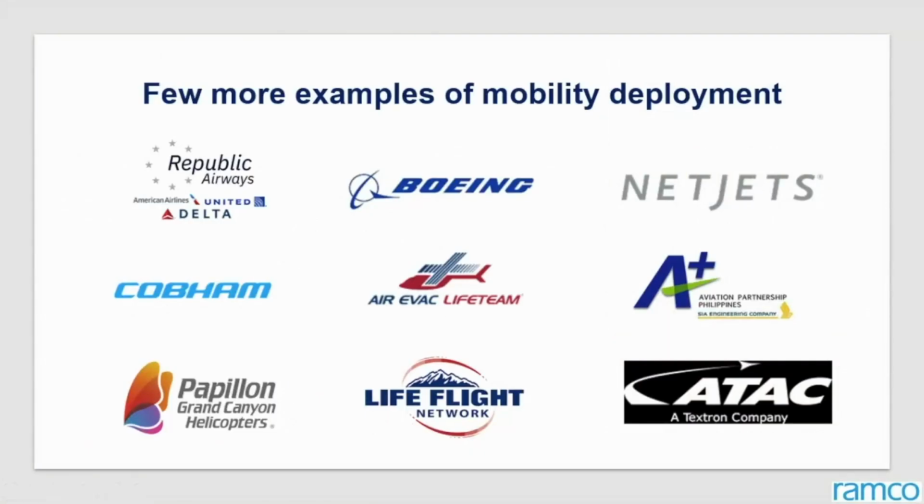Few more examples of mobility deployment includes Republic Airways, Boeing, NetJets, Cobham, Air Evac, A+, Papillon Helicopters, Life Flight Network, and ATAC. All these and many more customers are using one or more apps from the Mobility Suite.